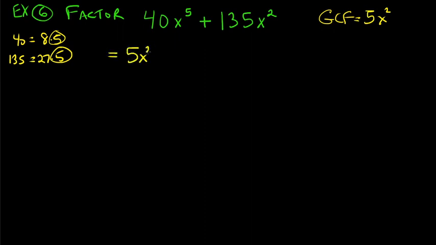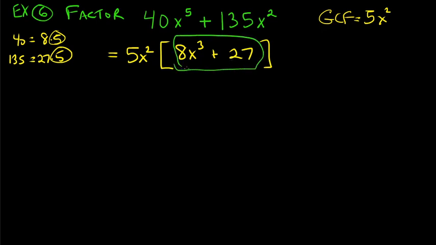So take out the 5x squared, leaving you with 8x cubed plus 27. Got it? Right, so I'd say that's the hard part, but that really is the easiest part. Now you still have to factor this.